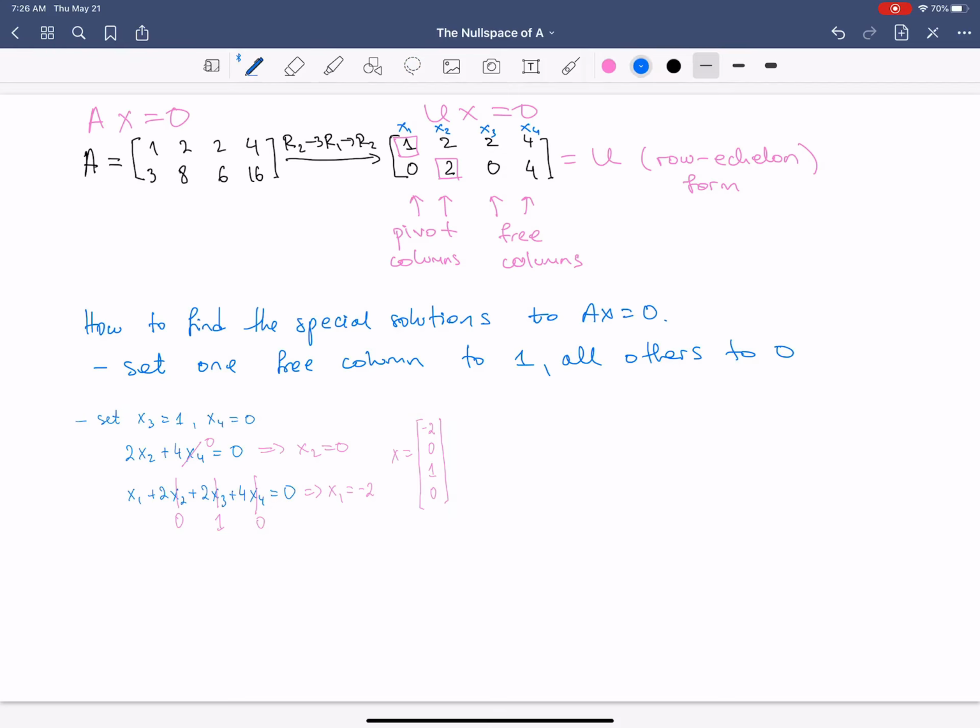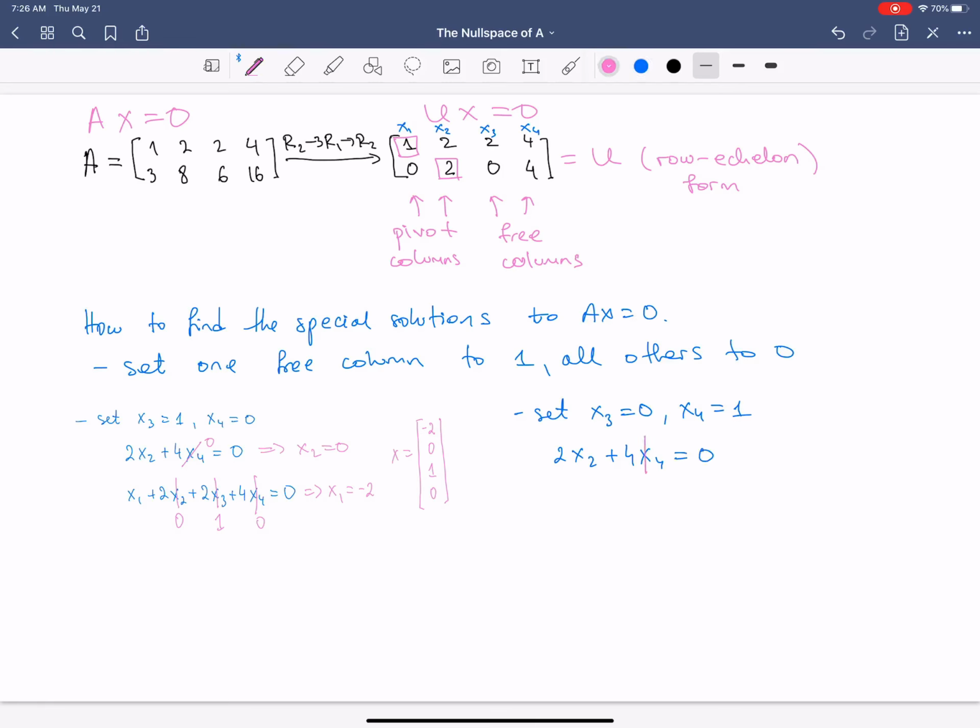For the second special solution, we're going to set x3 to be 0, x4 to be 1. Again, we start with the second equation. We're getting 2x2 plus 4x4 is 0.